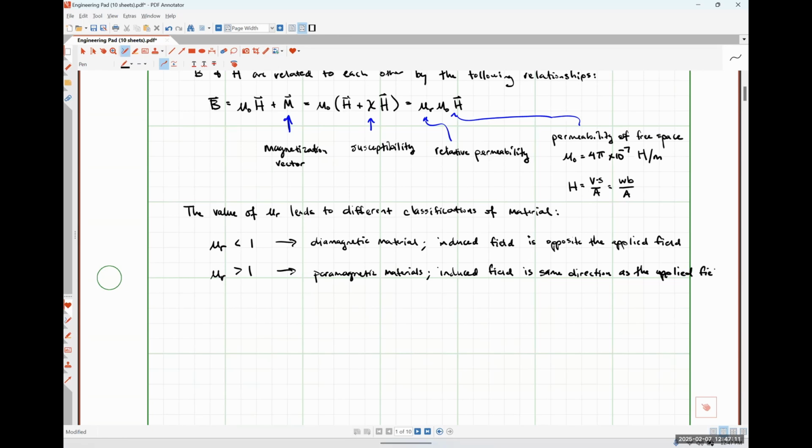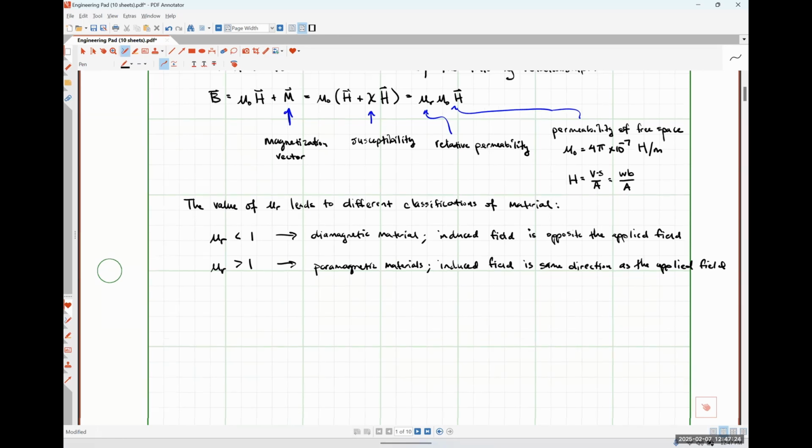Sorry, I'm running out of room here. So these are materials that respond weakly to magnets, but don't retain any magnetism after you remove your applied field.